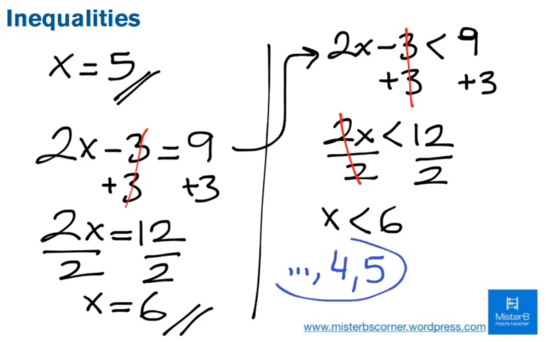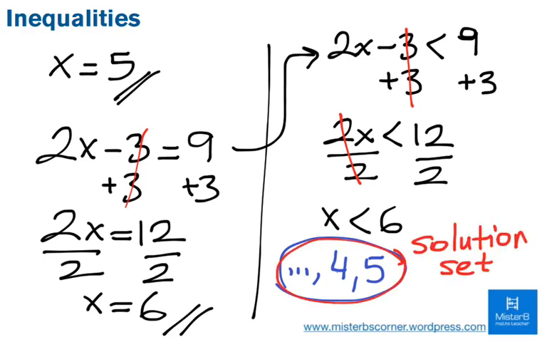So all these infinitely many numbers, integers, will be a solution, let alone, say, the real numbers. So basically what we do is the same, and what we find as an answer is called a solution set, because it's a group of numbers for the solution of this inequality.